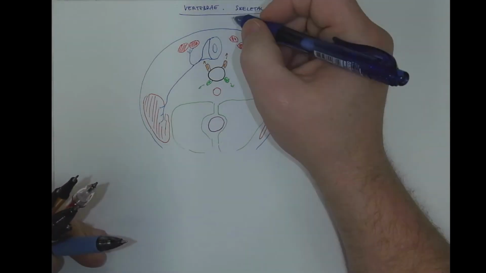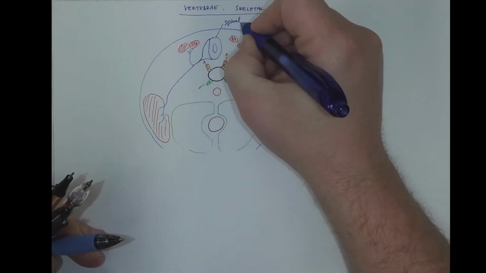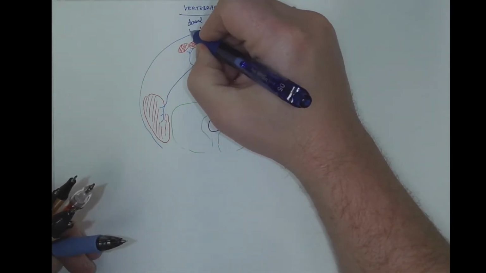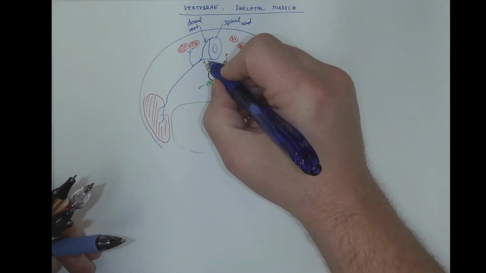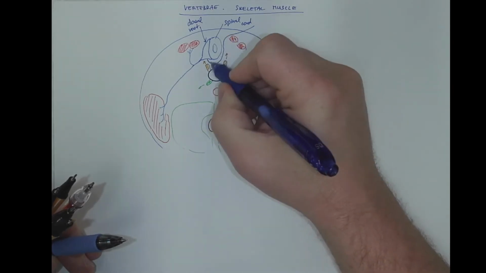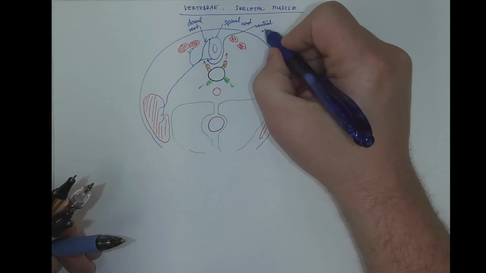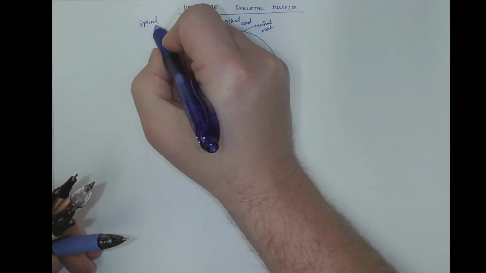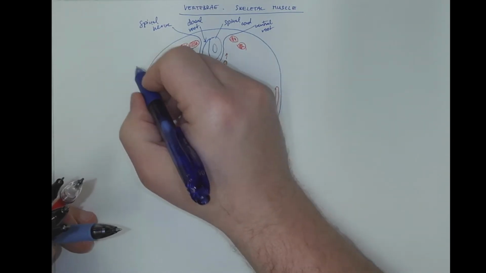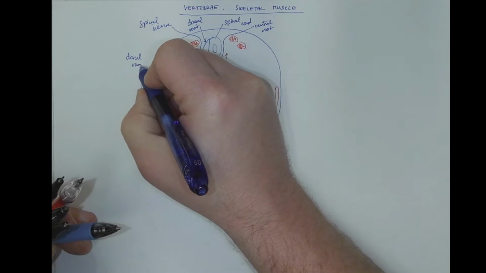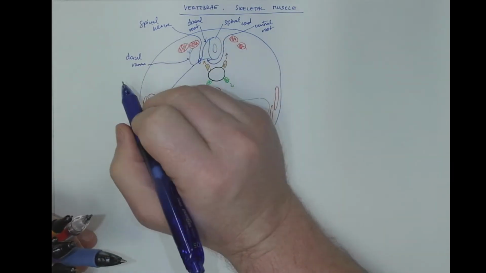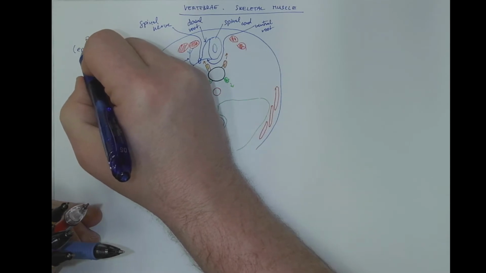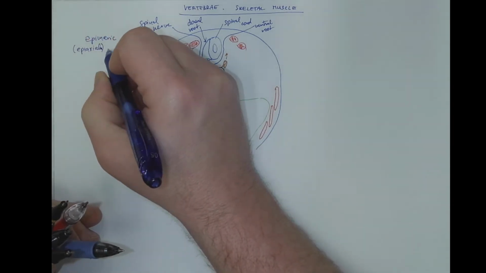So let's label the structures. The spinal cord, the dorsal root, the ventral root, perhaps like this, of the spinal nerve, with its dorsal ramus, providing innervation of the epimeric, also epiaxial muscles.